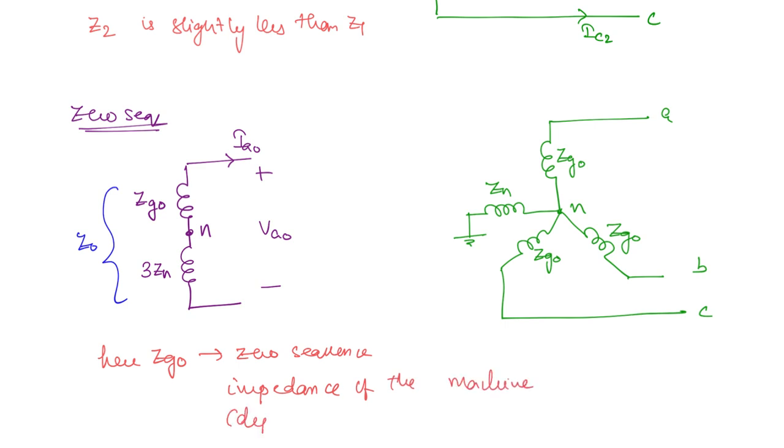That means it is dependent on the machine. The same goes for positive and negative sequence components as well. Z1 and Z2 depend on the machine parameters. So this is the per phase impedance. Now, how are the currents going to flow? Here you have IA0, this is IB0, this is IC0. And this will be the neutral current, which is going to be 3 times IA0. IB0 and IC0 also we can take. All of them are equal.